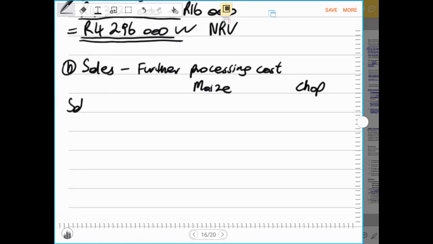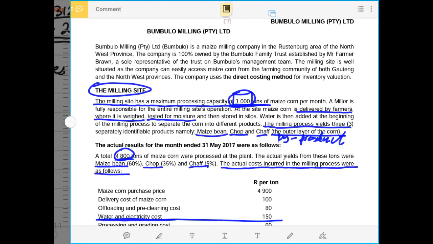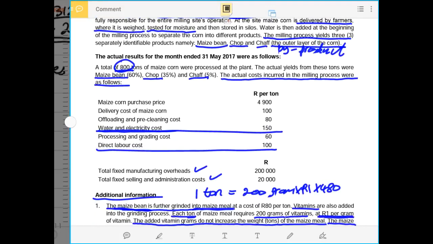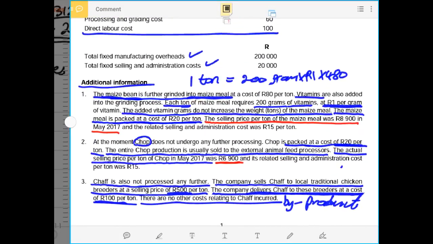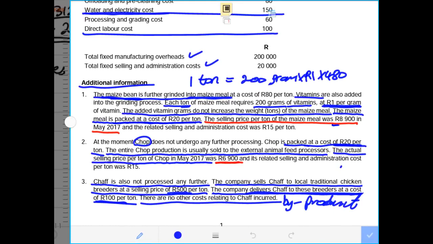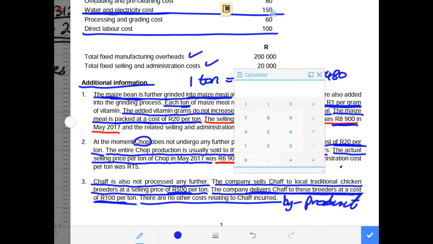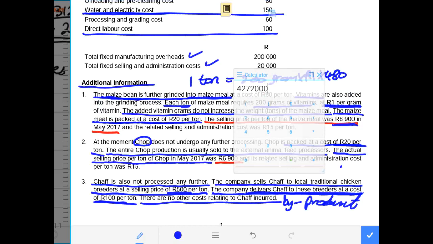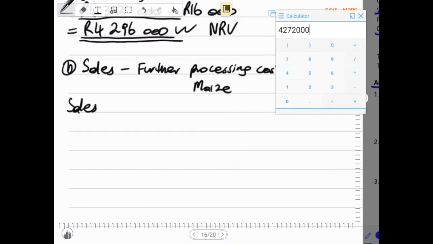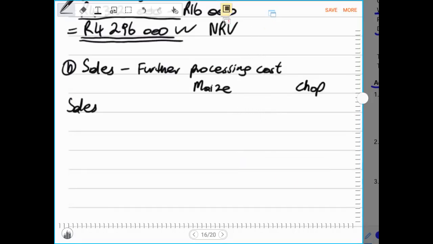So now our sales. Remember I said that we have the total selling price for product maize meal, and the selling price was given as 8,900. So it will be 8,900 times 480 units. 480 units is the number of units that were processed.